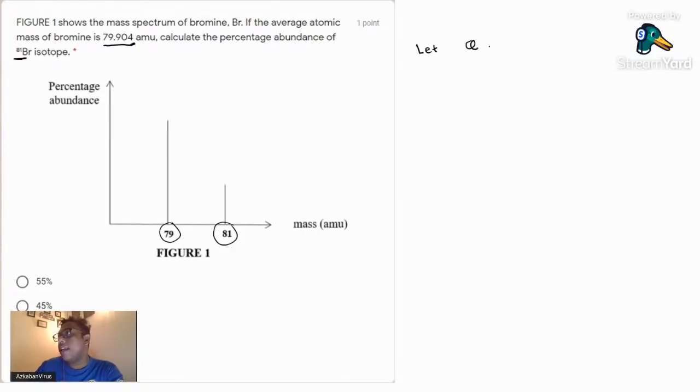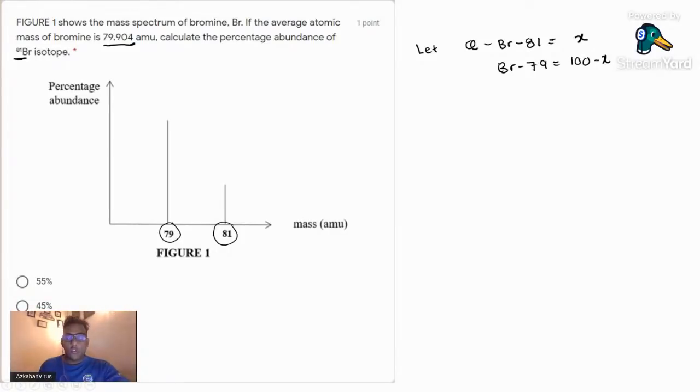Let relative abundance untuk bromine 81 equal to X. Automatically, relative abundance untuk bromine 79 is equal to 100 minus X. Okay, sebab total dia semua 100%. So, satu X, satu lagi 100 tolak X.